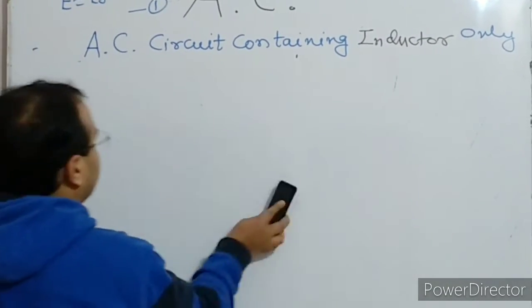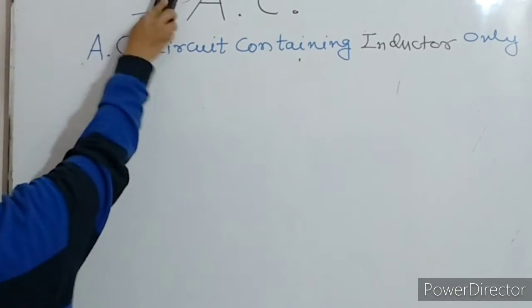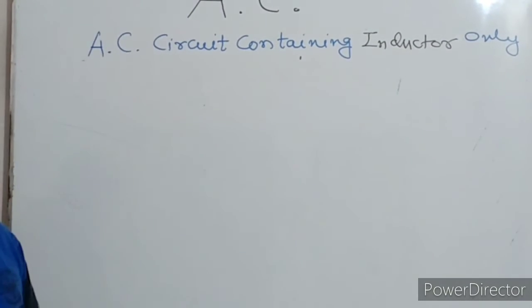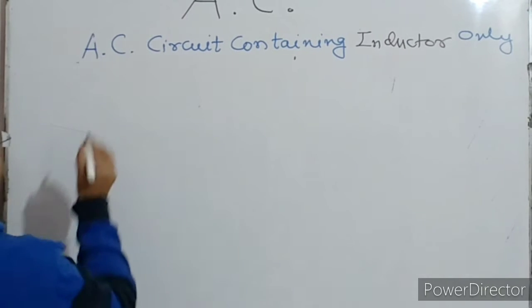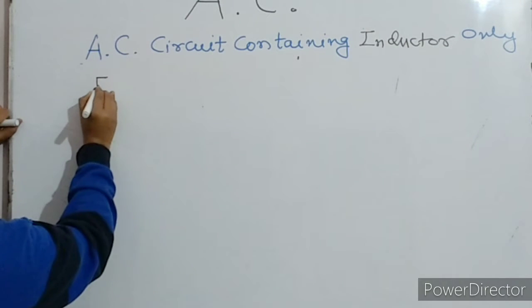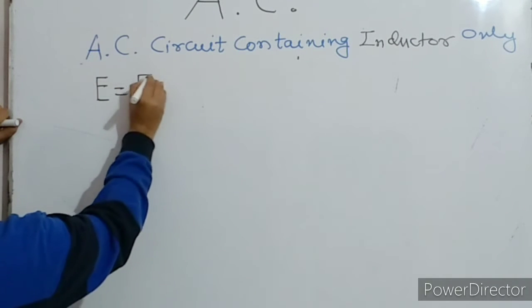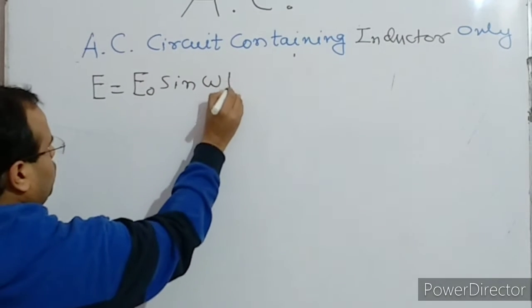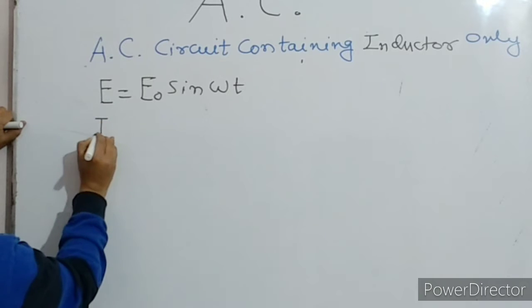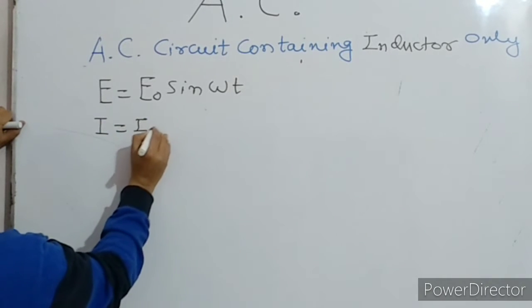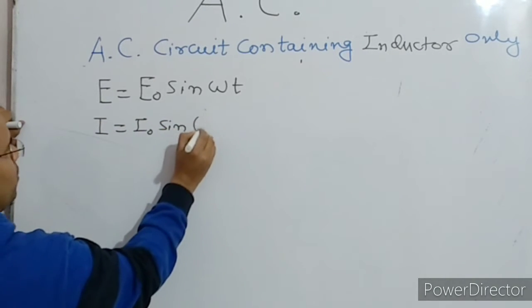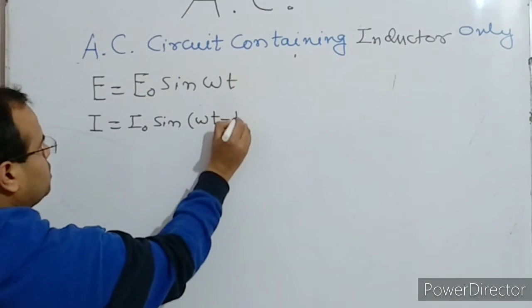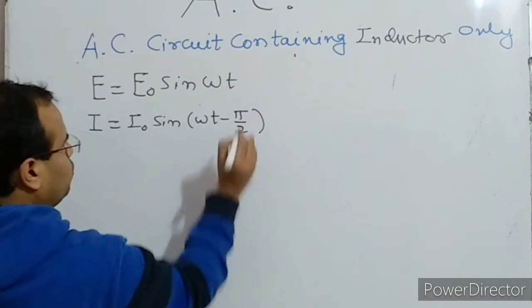The expression for EMF is E equals E naught sin omega t, and the expression for current was I equals I naught sin(omega t minus pi by 2).